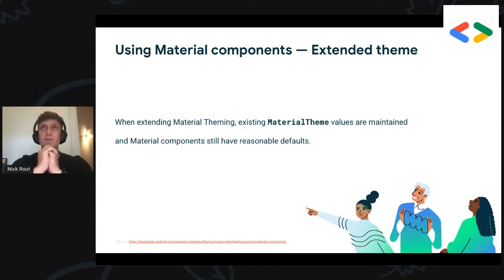So if you were to use them with, let's say, a fully custom design system, their defaults are going to be kind of strange. They're not going to be able to find the theming values, and they may not work as you expect out of the box. So you need to do a bit of workarounds here, depending on the extent of your custom design system.